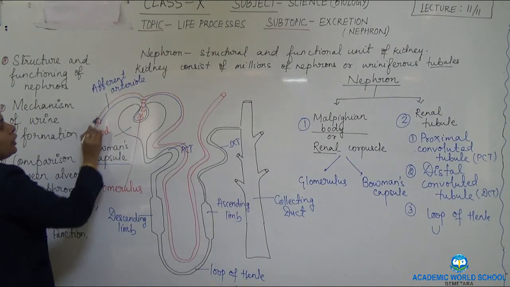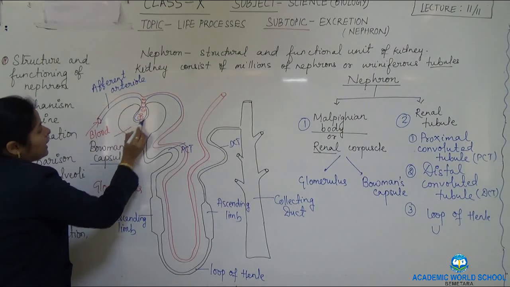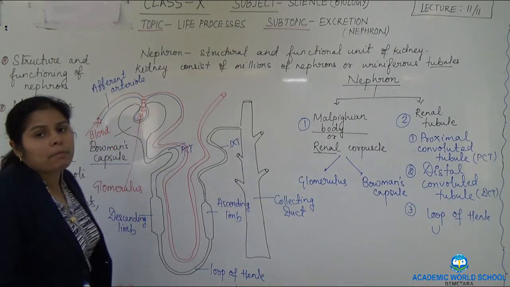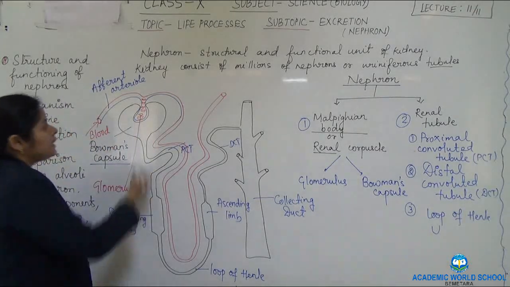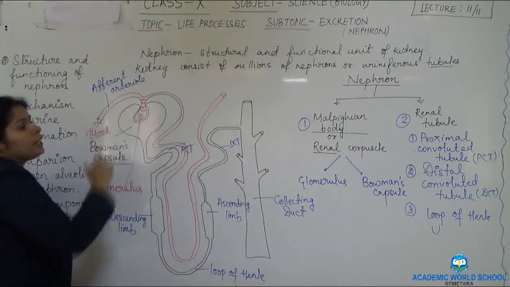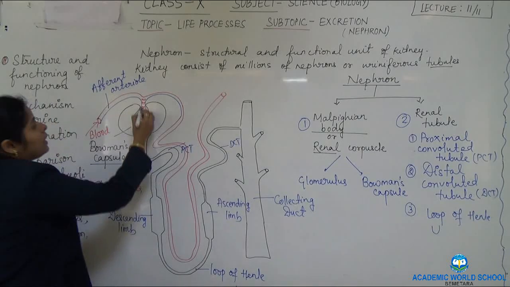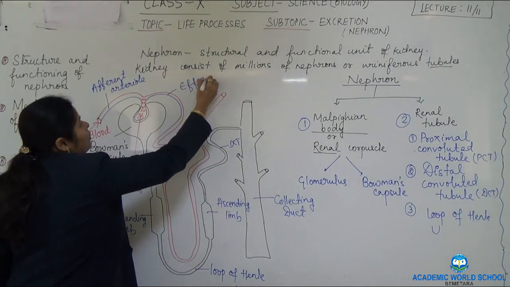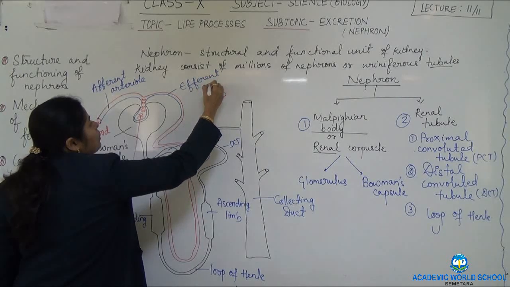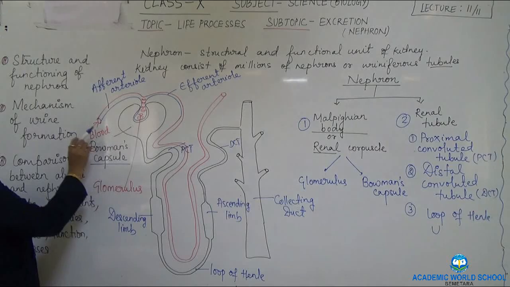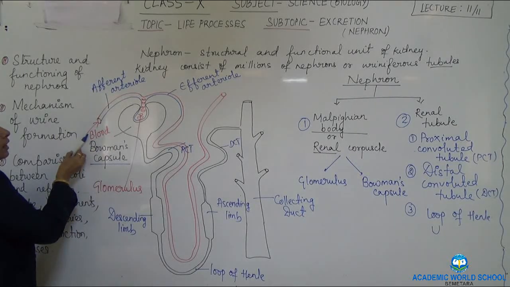This afferent arteriole, when it enters the concavity of this Bowman's capsule, divides to form a tuft of capillaries. This tuft of capillaries, which we call the glomerulus, again reunites to form another arteriole, which we call the efferent arteriole. Right? What we saw here is that the blood enters through an arteriole.